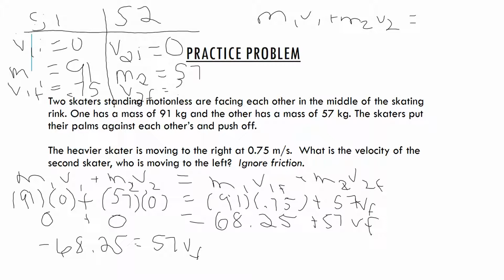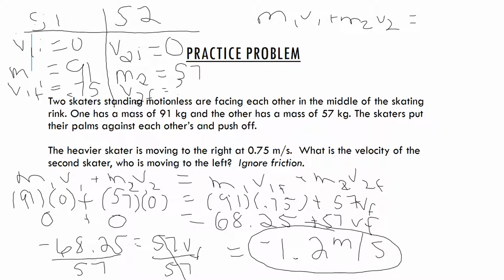Now, to keep isolating, we've got to divide by 57. And that's going to end up equaling negative 1.2 meters per second. So that ends up being our final velocity for skater number 2.